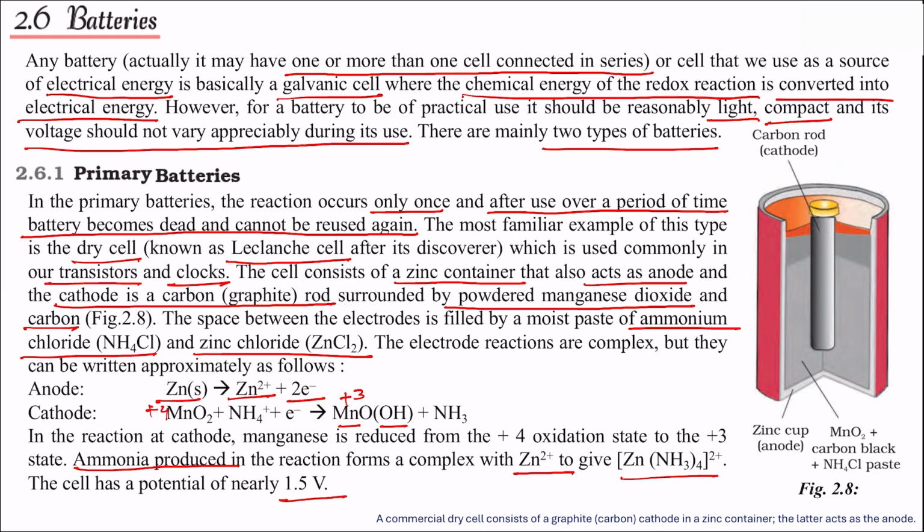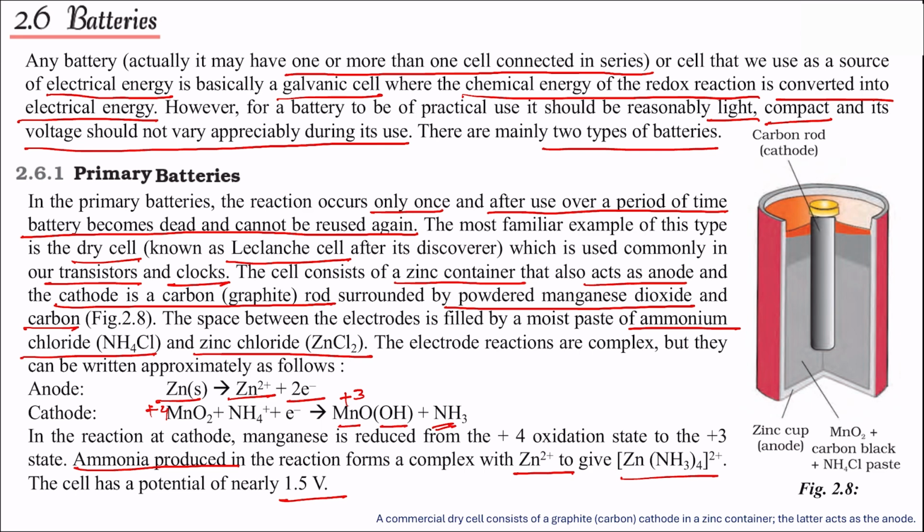So this dry cell consists of a zinc container which acts as anode, and a cathode of carbon or graphite rod surrounded by powdered manganese dioxide and carbon. The space is filled with ammonium chloride and zinc chloride. Oxidation occurs at anode and reduction at cathode. The ammonia produced combines with the zinc ion to give tetraamine zinc ions.